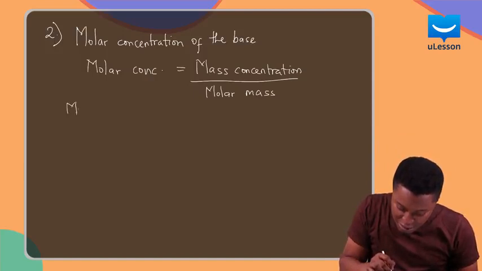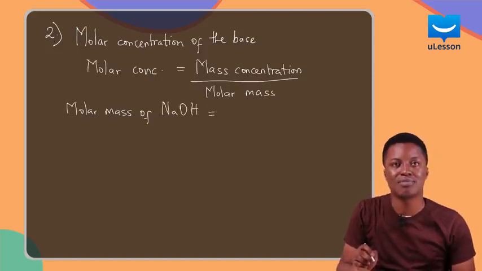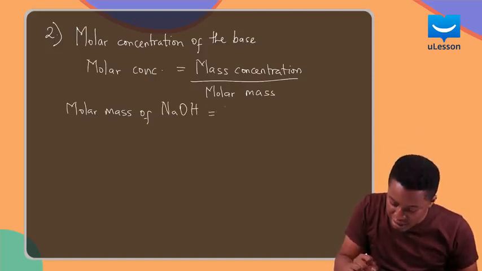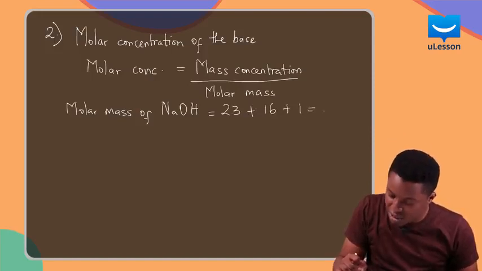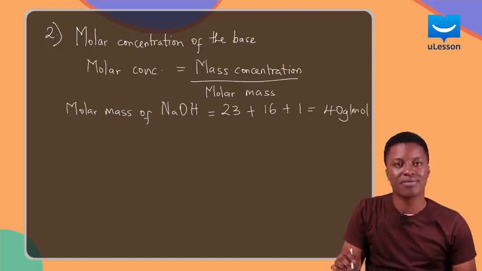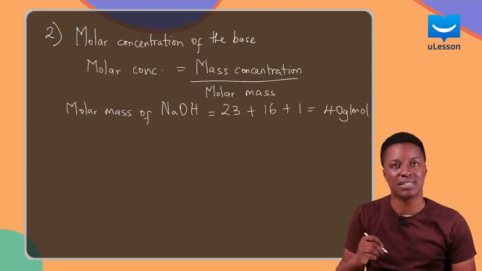The molar mass of sodium hydroxide we can obtain by simply adding up the atomic masses of each of the individual elements. We know that sodium is 23, plus oxygen is 16, plus hydrogen 1. This gives us 40 grams per mole. So now we can solve for the molar concentration of sodium hydroxide, which is the base.